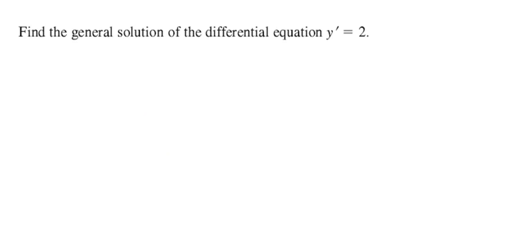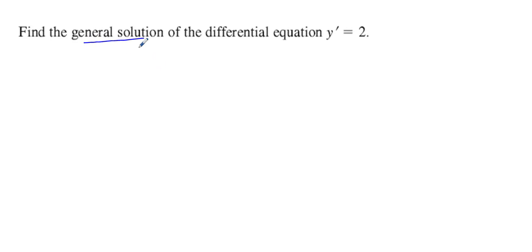Let's work on this. Find the general solution. General solution means antiderivative of the differential equation. Differential equation means it is a derivative. Y prime equals 2. I'm going to show you a couple different ways to write this. When it says general solution, what does it mean?